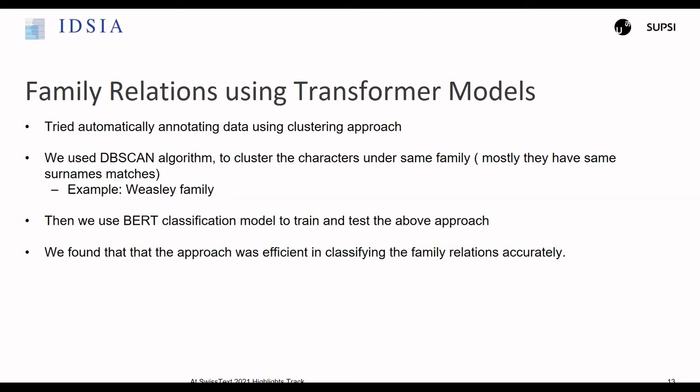It's quite simple, because in most cases their surnames match, for example the Weasley family or the Potter family. Then we use a transformer BERT-based model to train and test the approach using this annotated data. We found that this type of constructed data helped efficiently to classify the family relations in many cases. So this is one positive note: maybe we can have some approaches to automatically annotate these types of data.